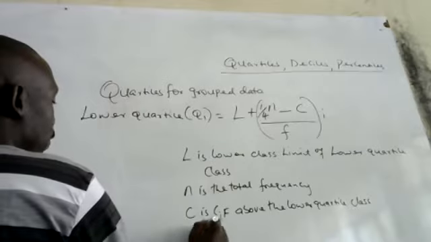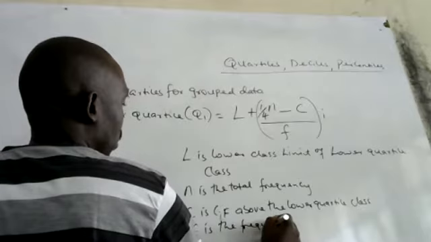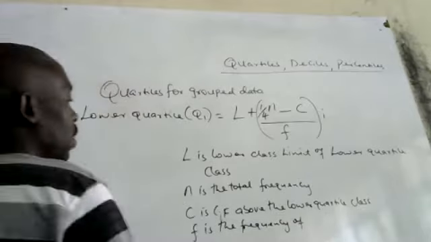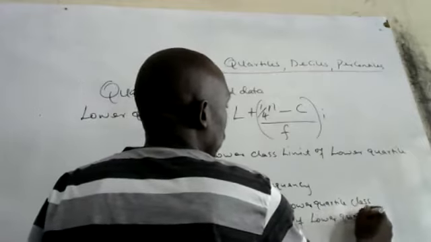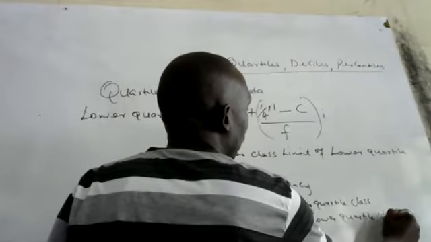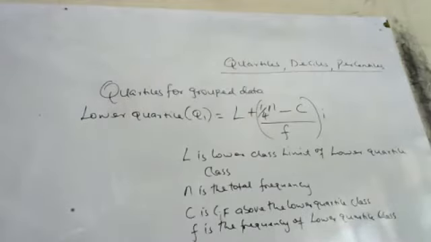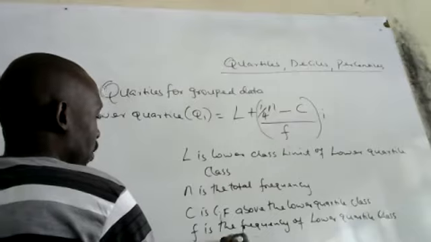F is the frequency of the lower quartile class, and then R is the class interval.